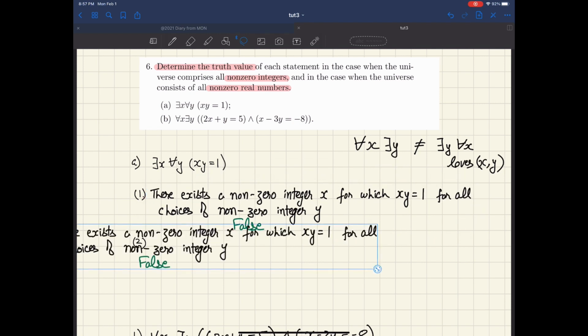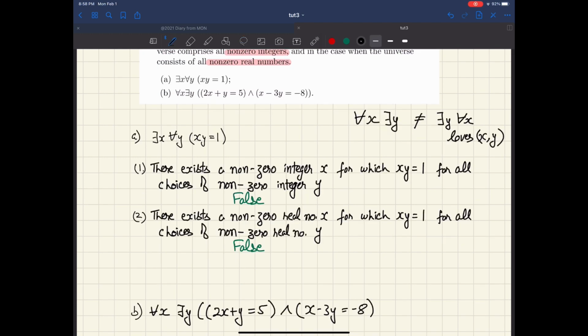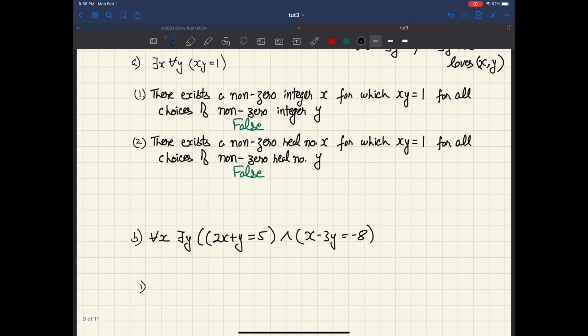That means you cannot have more than one y for each value of x that you choose. The second part is for all x, there is some y which satisfies these two equations at the same time: 2x plus y equals 5 and x minus 3y equals minus 8.